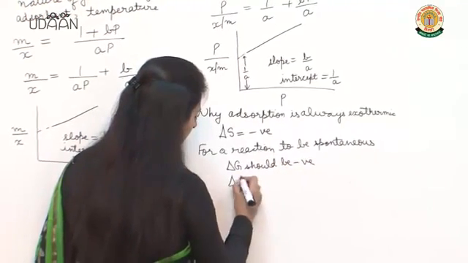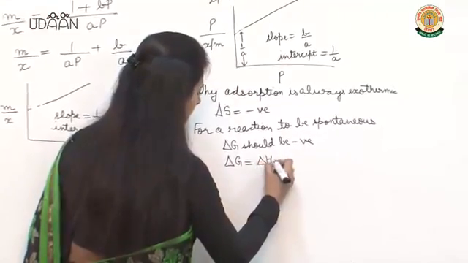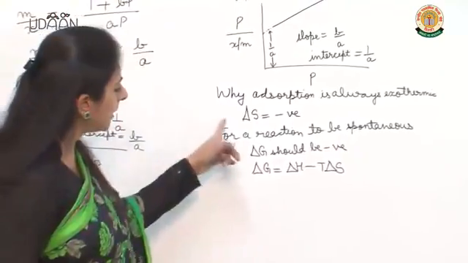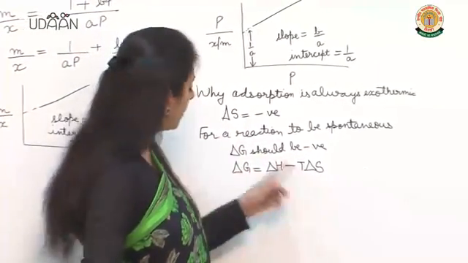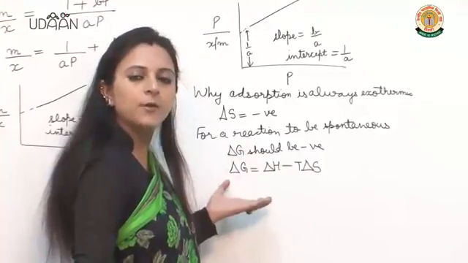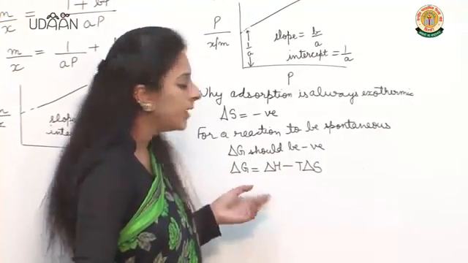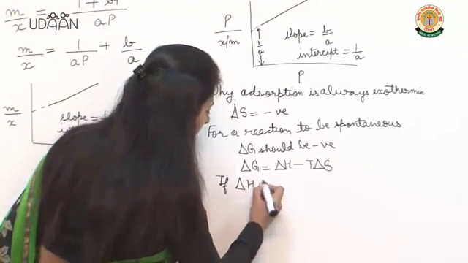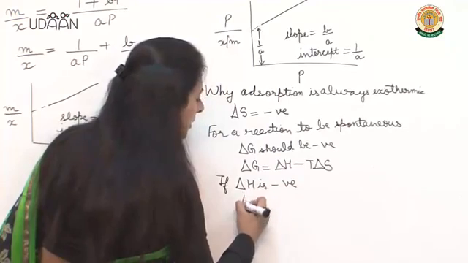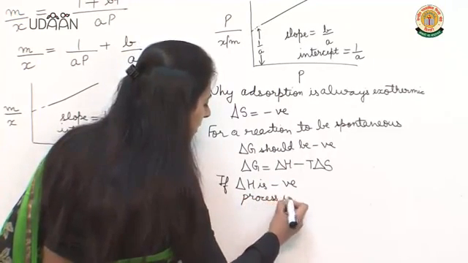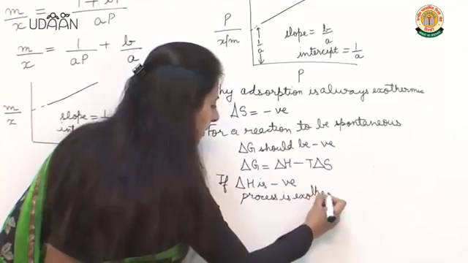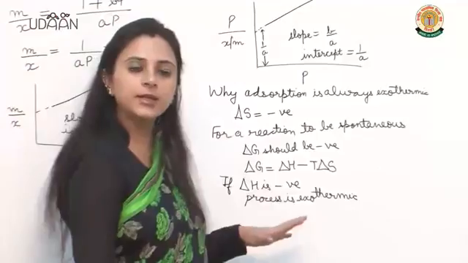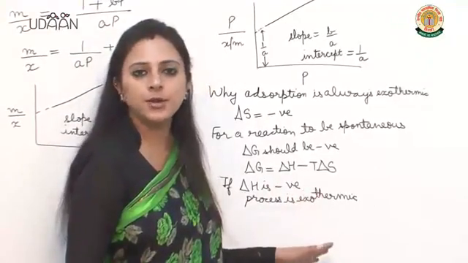Now if we look at the Gibbs-Helmholtz equation, delta G is equal to delta H minus T delta S, तो हम देखेंगे कि अगर delta S negative है और delta G negative होना चाहिए for the reaction to be spontaneous, ये तभी possible है if delta H is negative, which means that the process is exothermic. ये तभी possible है अगर delta H negative है, और delta H negative होने का मतलब यही है कि reaction जो है वो exothermic है.